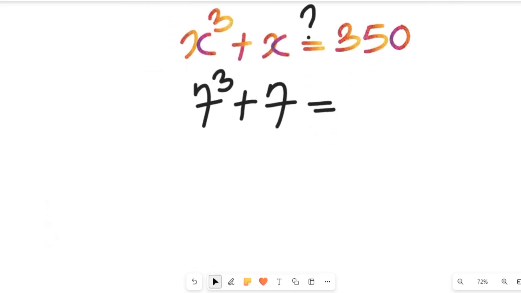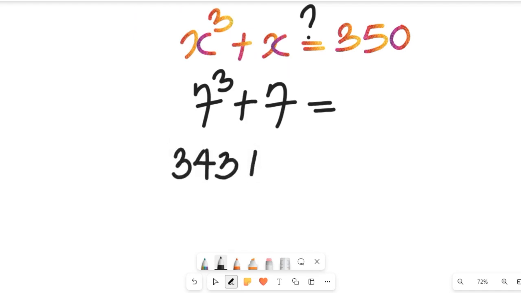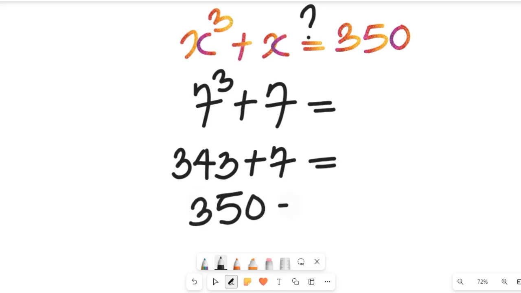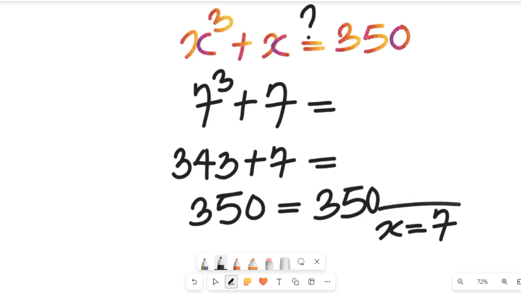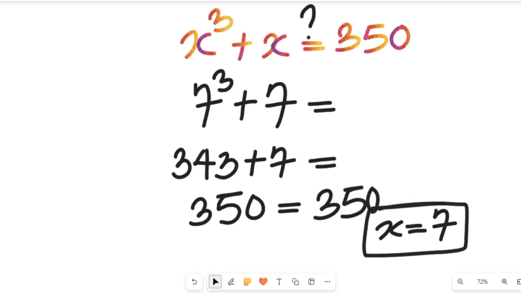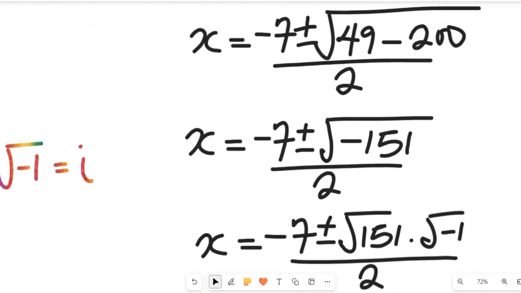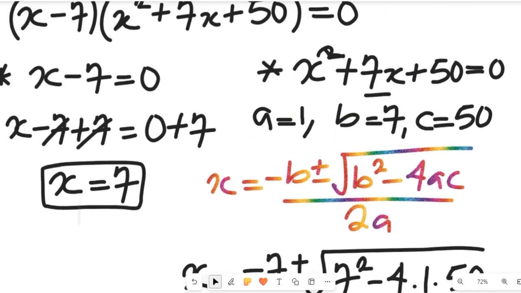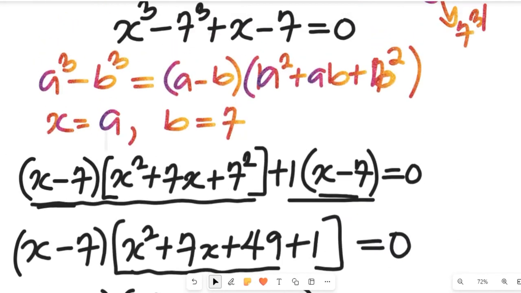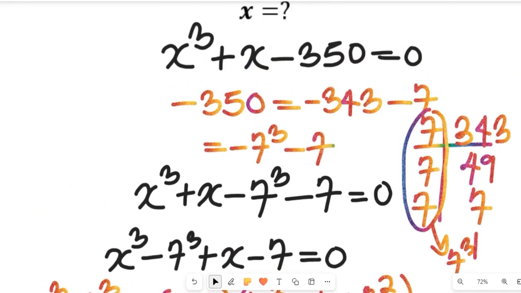Let's check. 7 to the power of 3 will give us 343, plus 7. Will it give us 350? Yes, it will give us 350. So this will be 350 equal to 350. That tells us that x equal to 7 is a solution that truly satisfies the equation given to us, leaving out the imaginary solutions which we got from the quadratic equation.